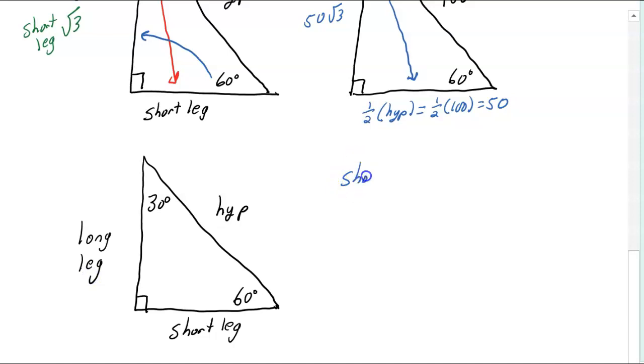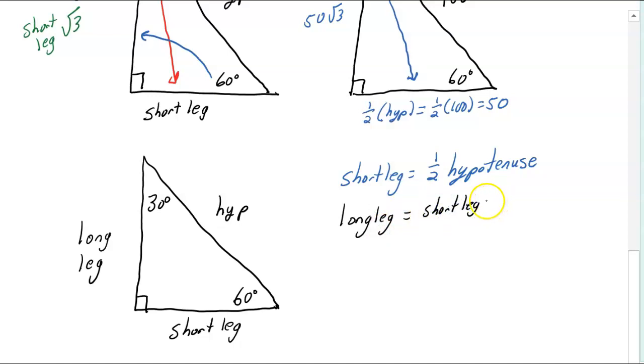So the short leg is always half of the hypotenuse. The long leg is always the short leg times the square root of 3.